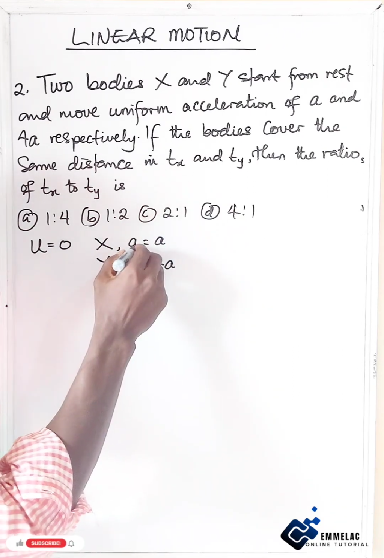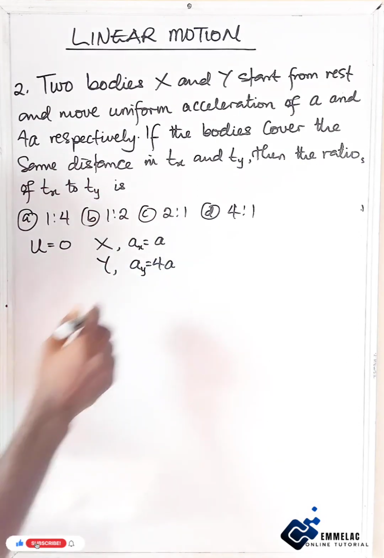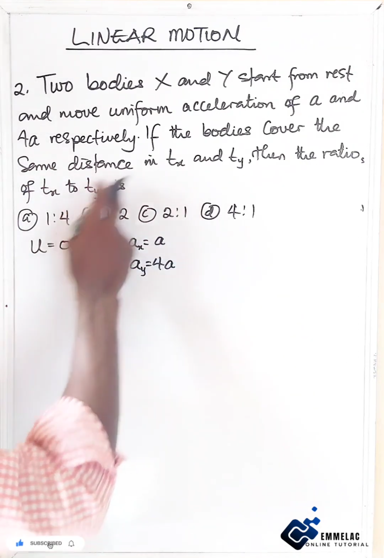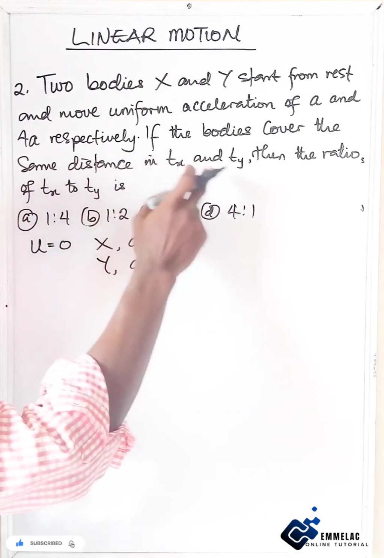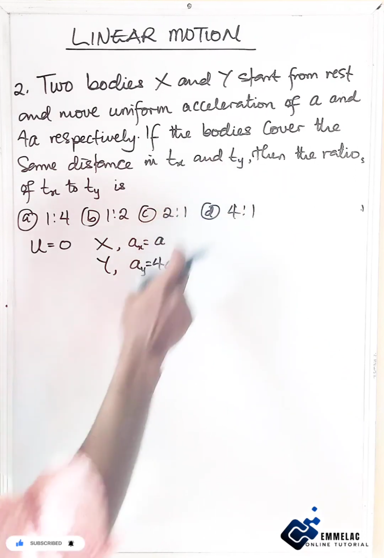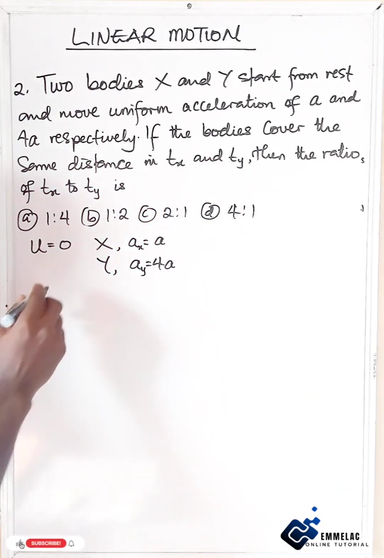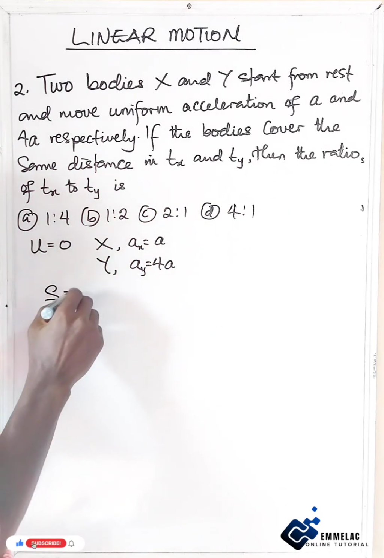Let us just make this sub x and sub y. All right, and for the time, we are given t sub x and t sub y respectively. All right, now let us make use of this equation.